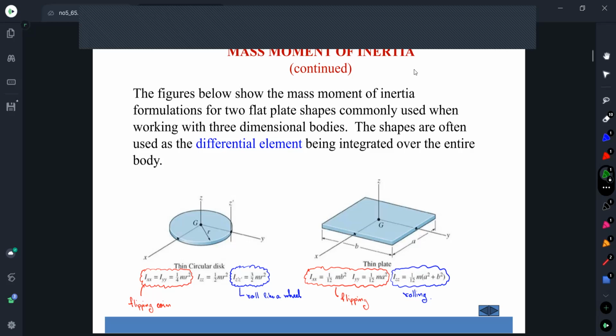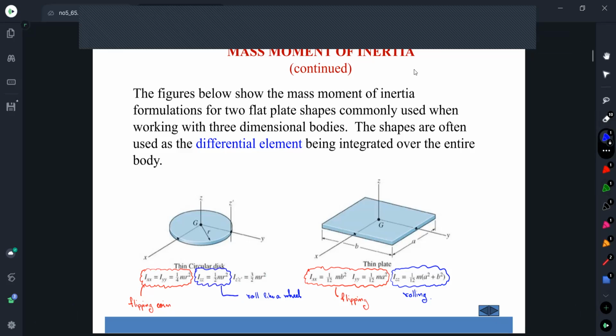For the rotation of this solid about the Z axis, sorry, it should be this one instead, about the Z axis, this is like a rolling coin.